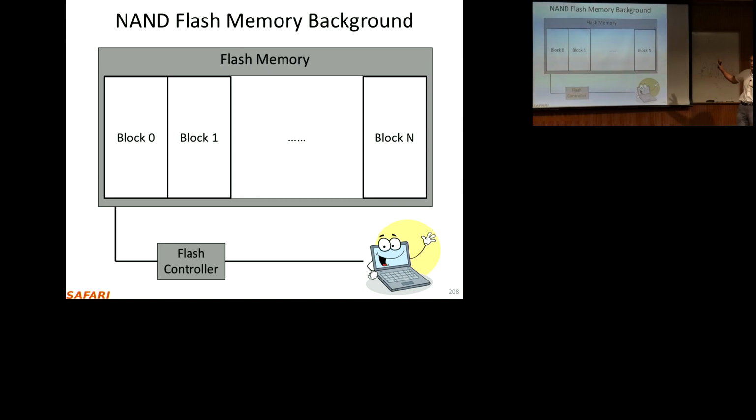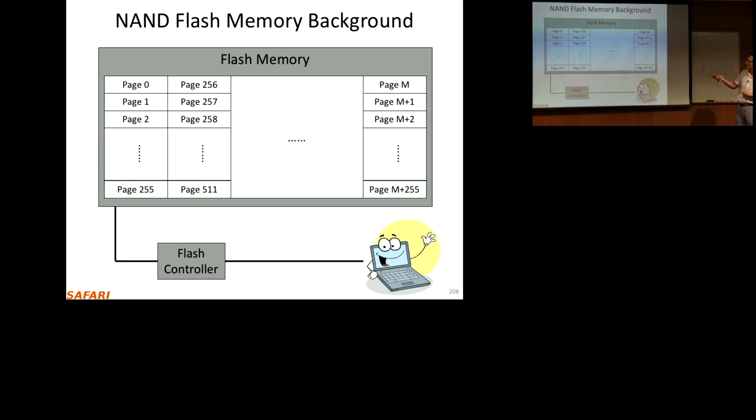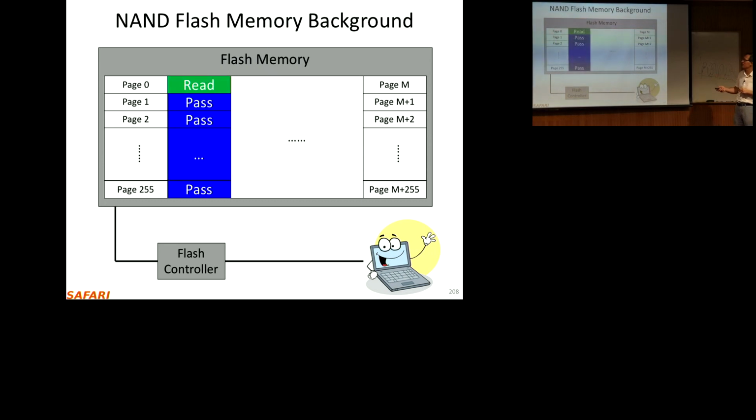This is the pictorial, high-level view of a NAND flash memory. You have these blocks, and each block has some number of pages, in this case 256. And as I said, you erase the entire block, but you can read a page. In order to be able to read a page, you need to actually access the entire block, because to make it really dense, all of these cells are connected as a string over here.